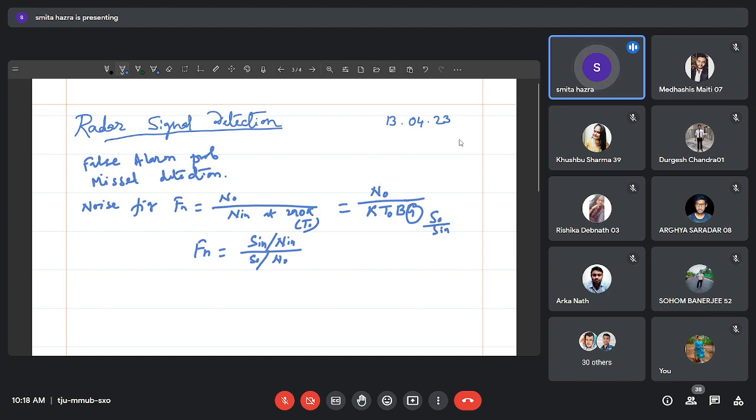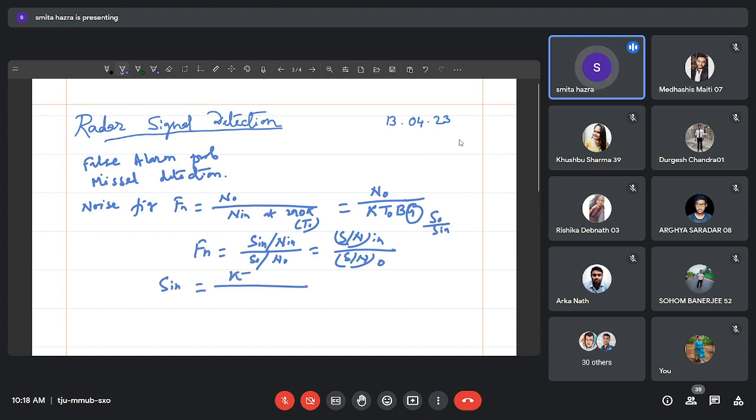So the noise figure is S by N input by S by N output. Okay. So S in, that is the input signal, that is equal to how much?